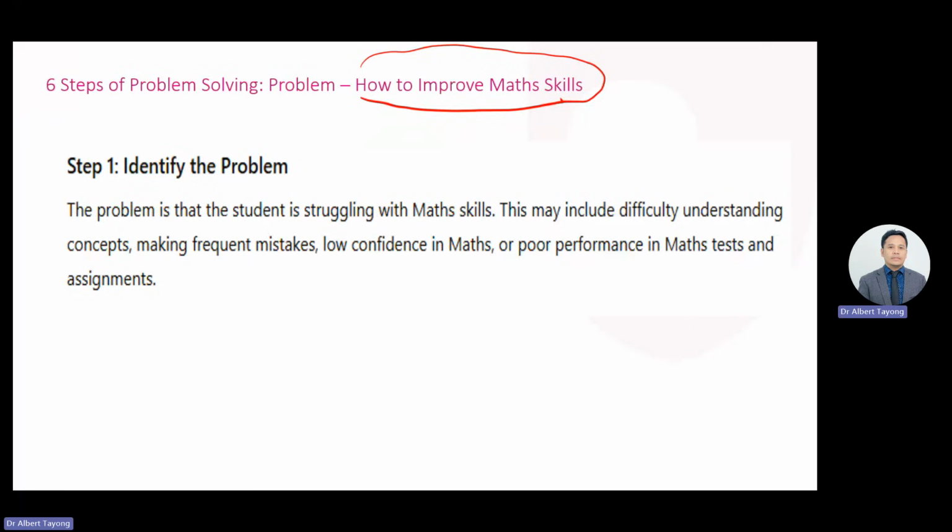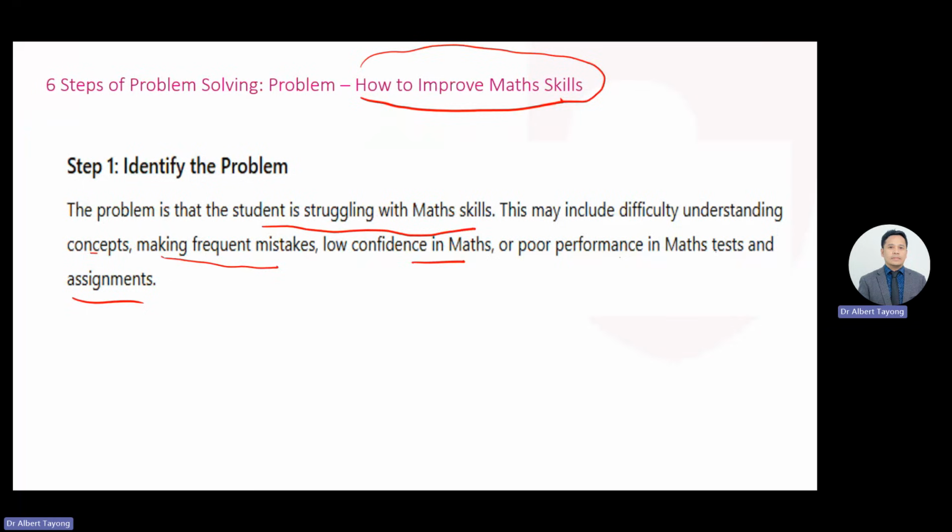So what is the problem here? You have to assume that the student is struggling with math skills. You can also take this as your problem. This may include difficulty understanding concepts, making frequent mistakes, low confidence in maths, or poor performance in mathematics exams or tests and assignments or homeworks.